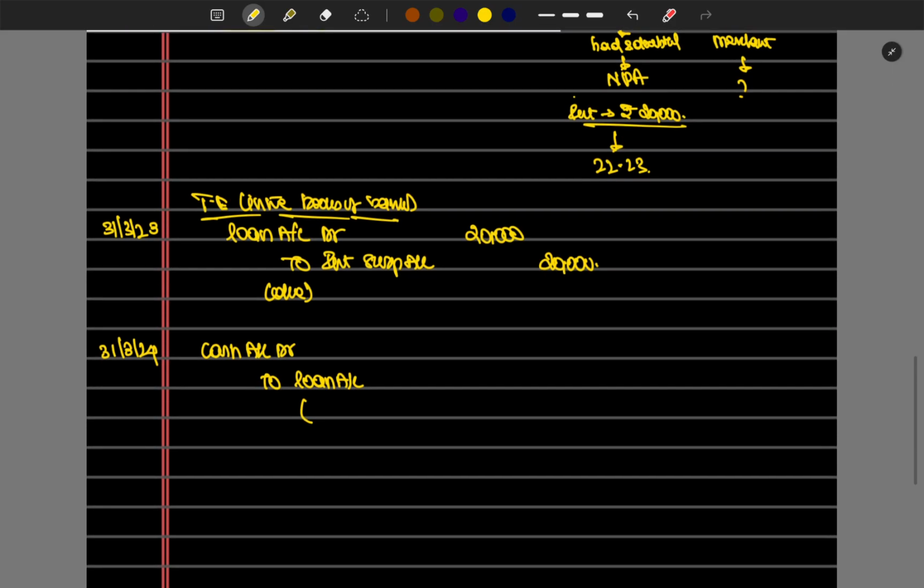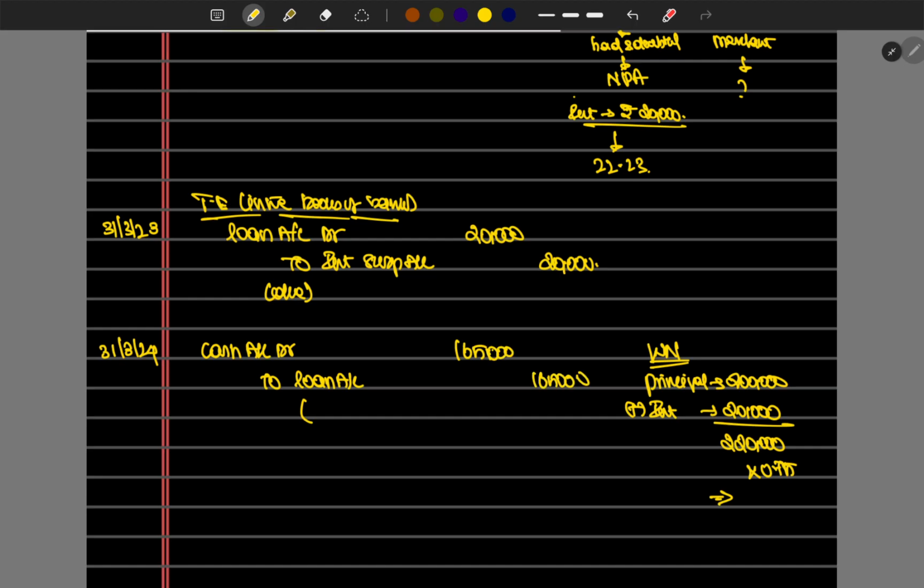Okay, let's prepare the working note. Principal balance is rupees 2 lakhs plus interest payable of rupees 20,000, so 2,20,000 into 0.75, which is 1,65,000 we have received from the merchant's loan account.